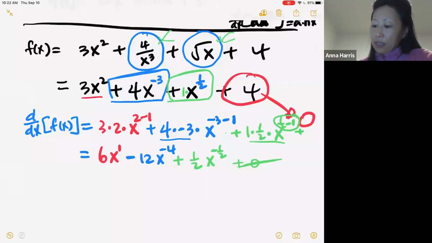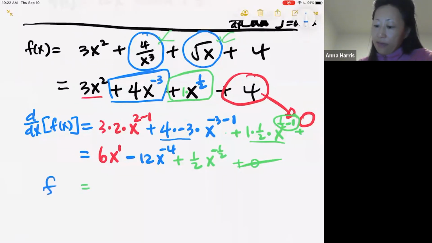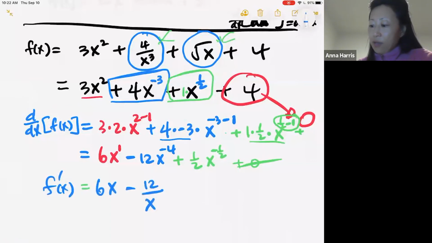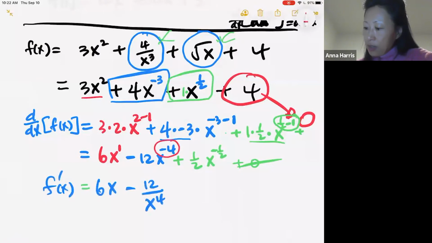So that means f prime of x is 6x minus 12x to the 4. I made this negative 4 move into the denominator to become a positive 4.